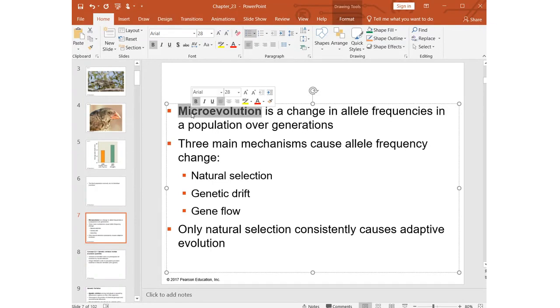Well, there is macroevolution, but macroevolution is changing from one species to another species. Microevolution is not necessarily producing new species, but it's just the change in allele frequencies. And what we mean by allele frequencies is how common a certain allele is in a population.